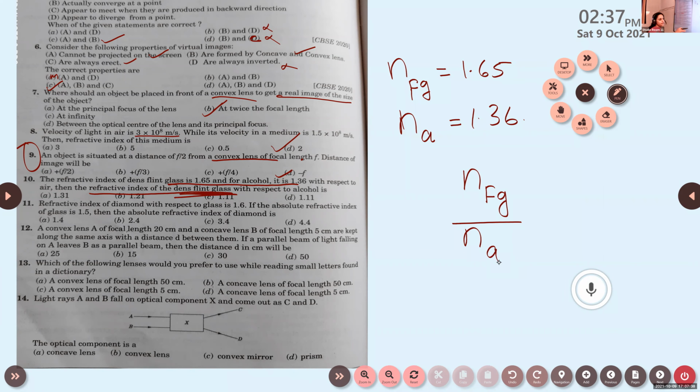So give preference to the dense flint glass in the numerator, and then write the alcohol in the denominator. And in the LHS, it becomes n_AFG, just a reverse order. So this equation is n_AFG is equal to the refractive index of flint glass with respect to the refractive index of alcohol. That is 1.65 divided by 1.36.